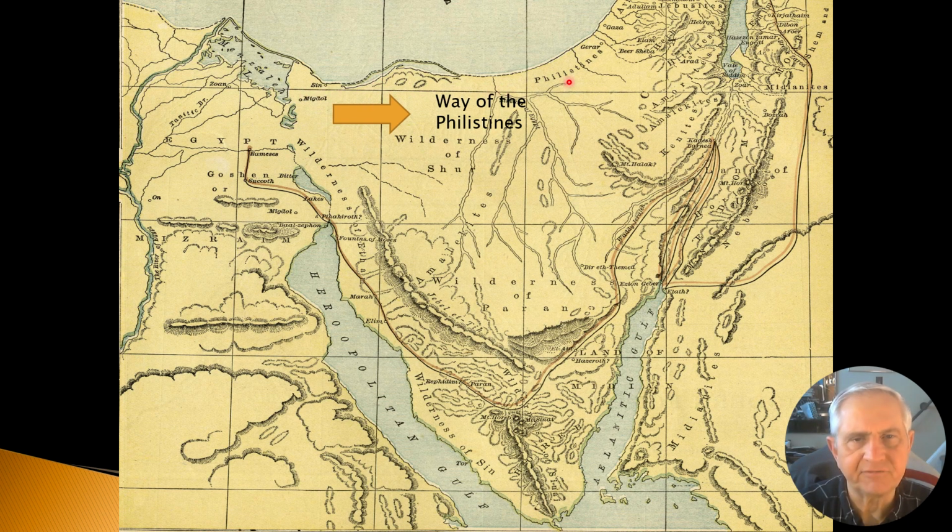So there's a number of forts along here, so they could stop and get water, and the animals fed and get water all the way from Egypt, and this was called the way of the Philistines, but called the way of Horus in ancient Egypt.